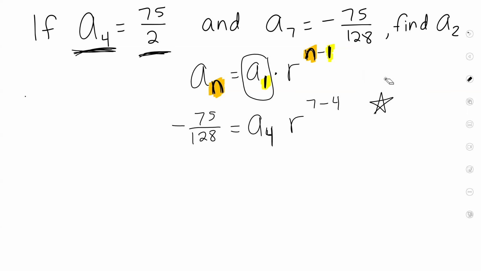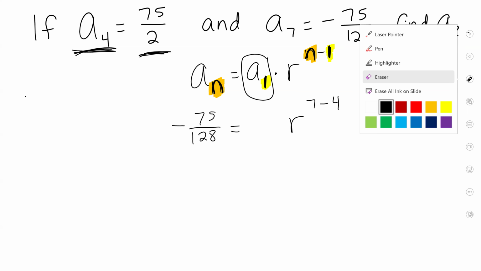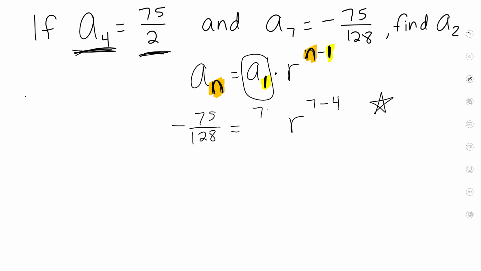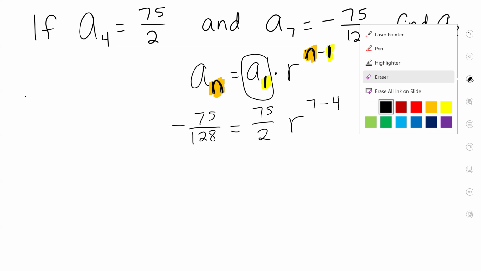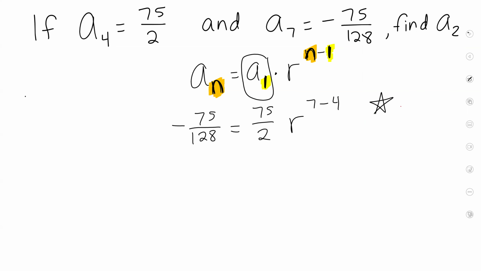So I'm going to replace this with 75 over 2. Okay, so let's start simplifying. We're going to solve for our ratio. So let's do negative 75 over 128 equals 75 over 2, r to the power of 3, because 7 minus 4 is 3.